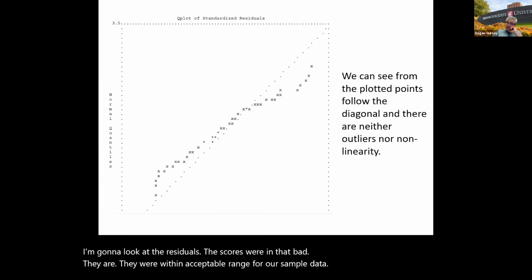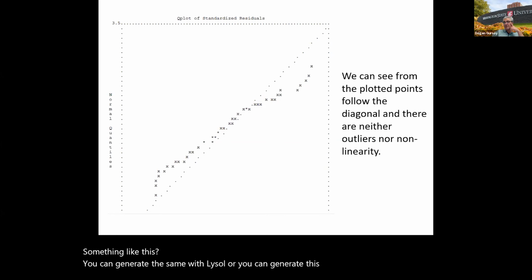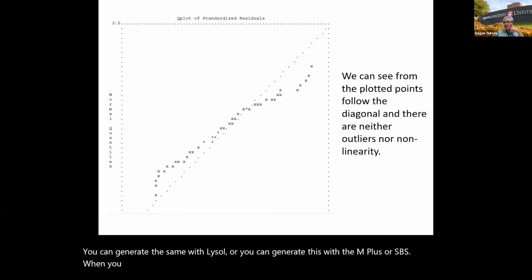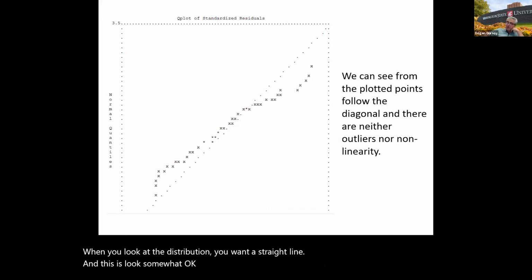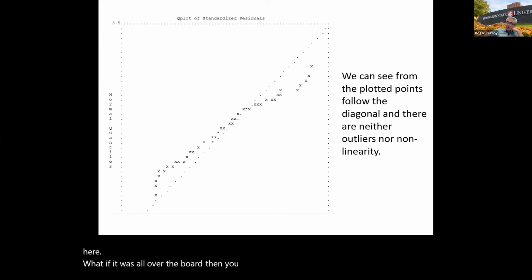If you look here, it's a distribution. I'm sure you have seen something like this. You can generate this with Lisrel, or with Mplus or SPSS. When you look at the distribution, you want a straight line. This looks somewhat okay, so we don't have any major distribution problem here. If it was all over the board, then you may have a distribution problem.